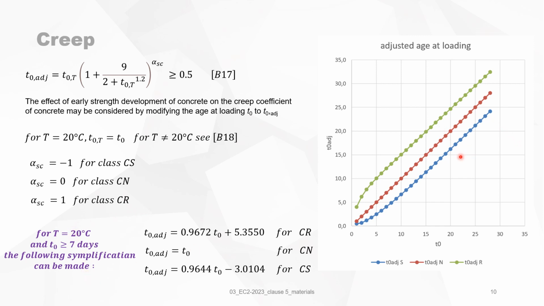Because these are almost straight lines, you can approach it by a simplification for 20 degrees, and then T0 is bigger than 7 days, because this one we cannot simulate with a straight line. And T0 is almost always more than 7 days in practice. And then we have this simplified formula which can be used.